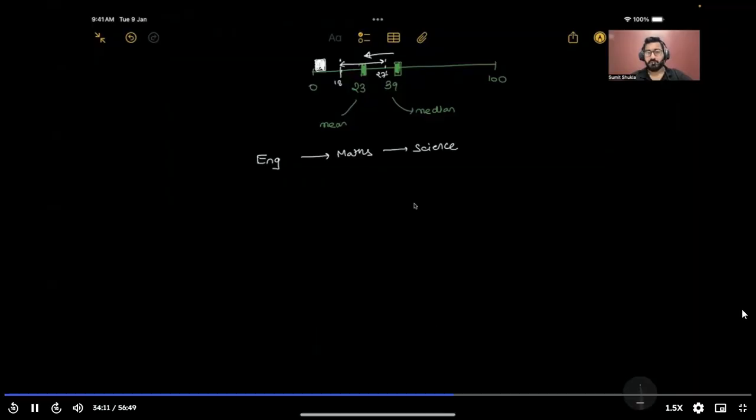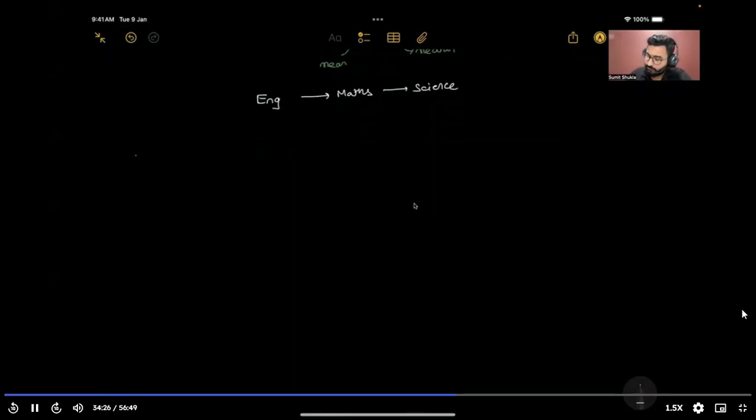Now let's talk about how we can understand the dependency or the impact of one variable over the other. So what I'm trying to say, let's say I have the data regarding the student ID, the number of hours a student studies, and the marks in any subject, let's say marks.